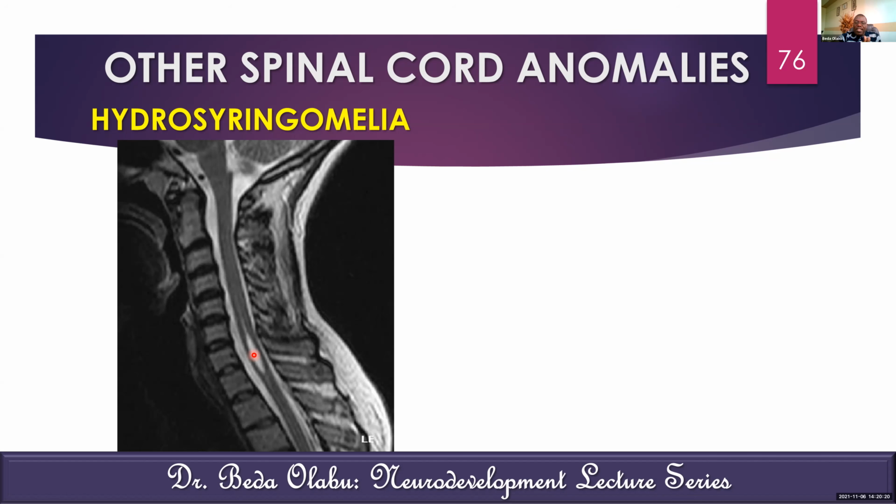Is it inside the central canal, or is it parallel to the central canal? Because it's difficult to distinguish the two, we just have a common diagnosis of syringomyelia. I want you to think through that and ask yourself, which one will we call hydromyelia, and which one will we actually call syringomyelia? Out of the two entities, think about it.